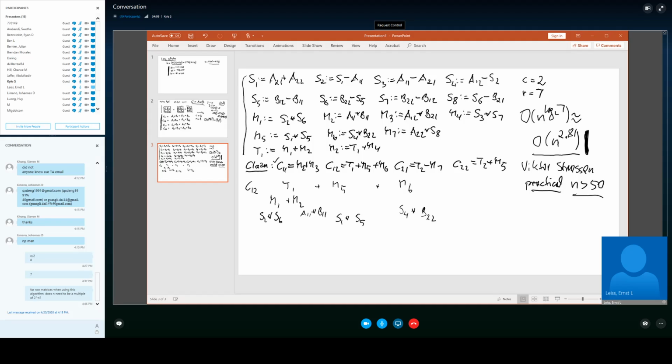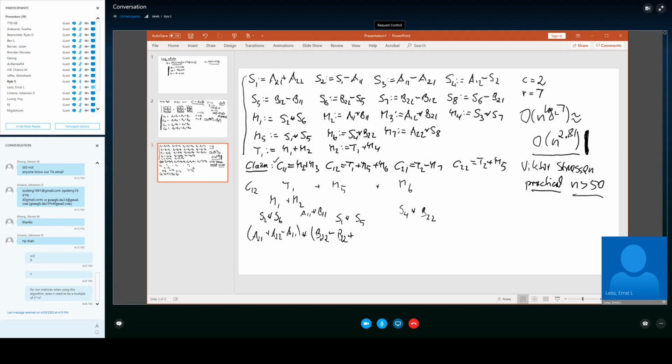Now S2 is S1 minus A11, and S1 is A21 plus A22, so S2 is A21 plus A22 minus A11. So this is S2 times S6. S6 is B22 minus S5, which is B12 minus B11.